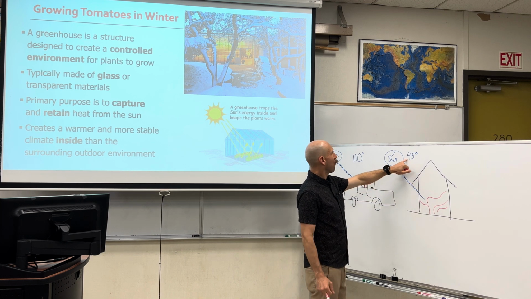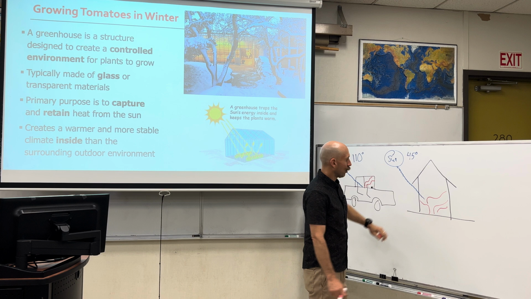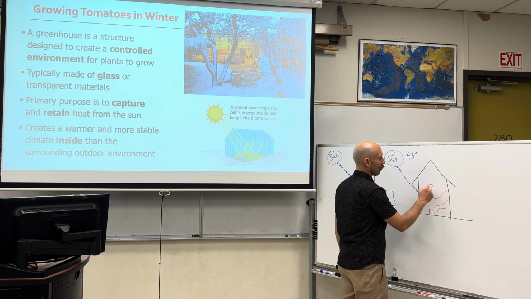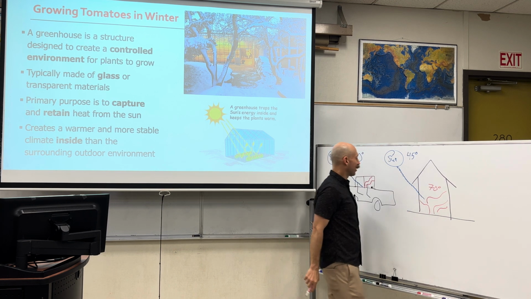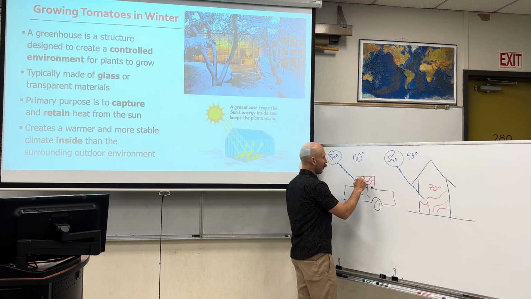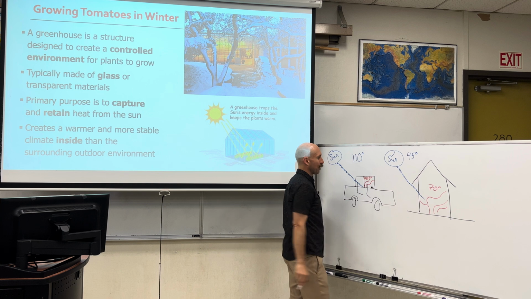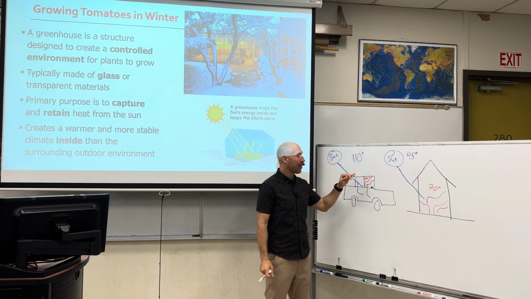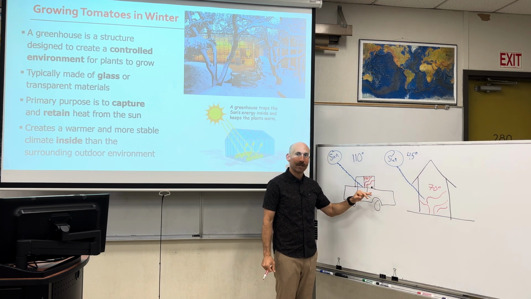So 45 degrees ambient air temperature on Earth heats it up to 70 degrees inside. 110 degrees air temperature heats it up to 140 degrees inside. The heat is trapped.